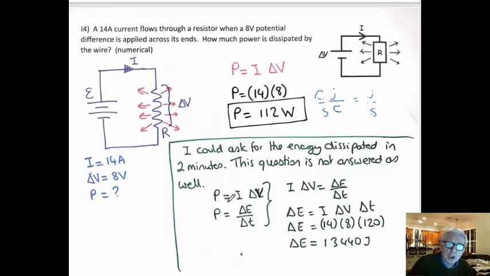And I said to my brother, "What do you care about?" And he said, "We care about power." That struck me as very strange because we hardly ever talk about power in physics. I said, "Why do you care about power?" And he said, "Because energy tells you, can you do this job? Do you have enough energy to achieve this task?"